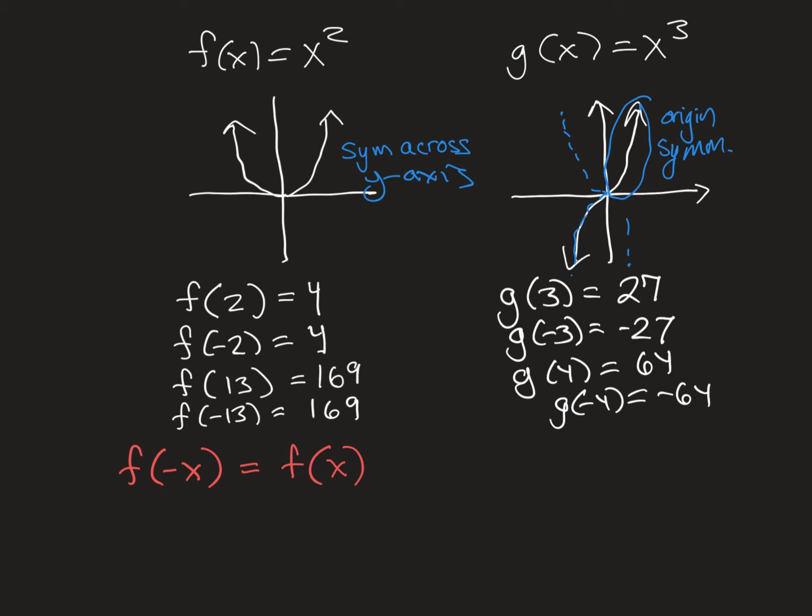Whereas to be odd, when I plug in negative x, I get the same output as the positive counterpart, but it differs in sign. So you can see how in this example here, putting in negative 3, I still got the 27, but it was opposite in sign. It was now negative 27, whereas before 3 went to 27, negative 3 now goes to negative 27.